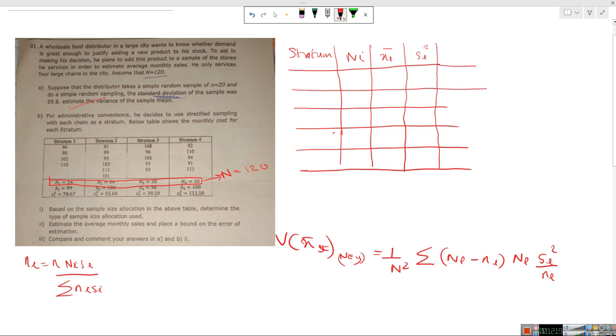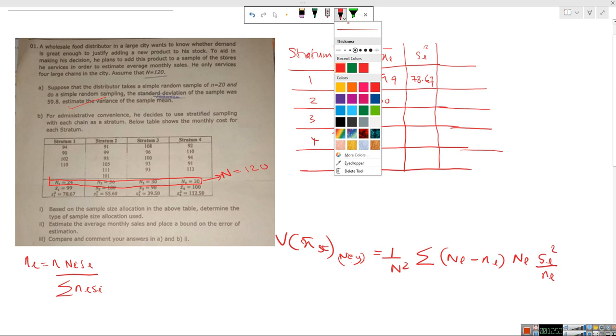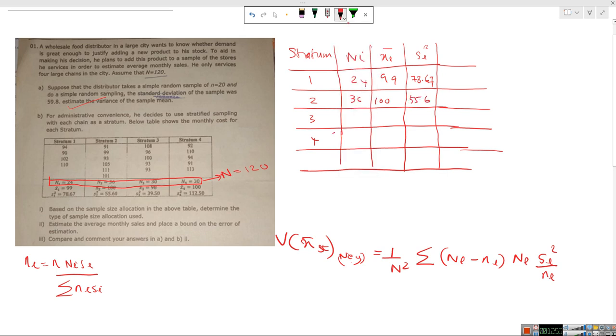Now we need Ni into Si in order to find the sample size for each stratum. This is 1, 2, 3 and 4. This is 24, 99, 78.67, and here 36, 100, 55.6.